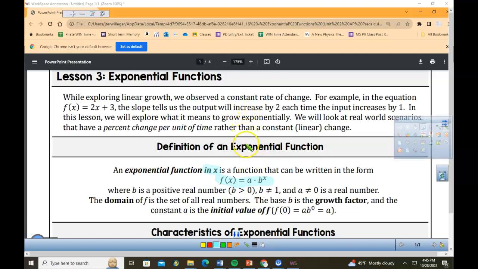Now the base b is our growth factor. That's our rate, our common ratio like we did in our sequences. And our initial value is a, because b to 0 is 1. So a is our first value, when x is 0.